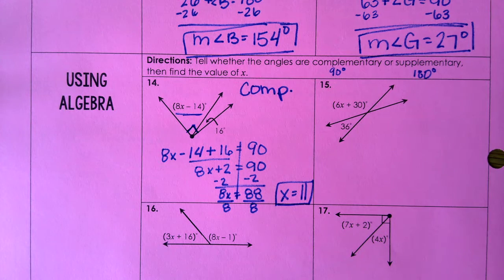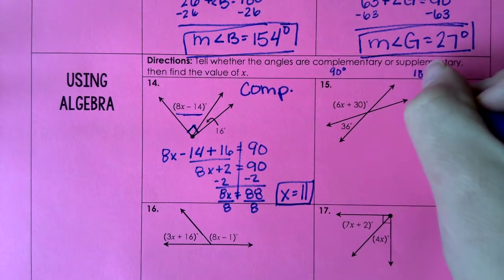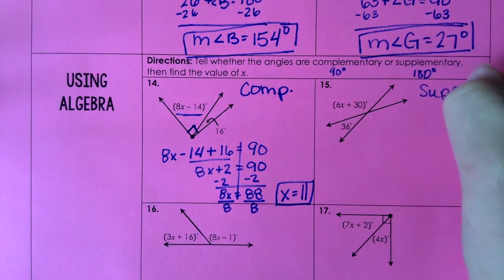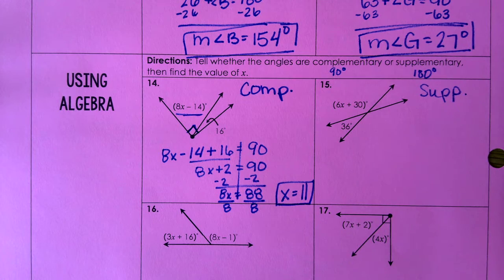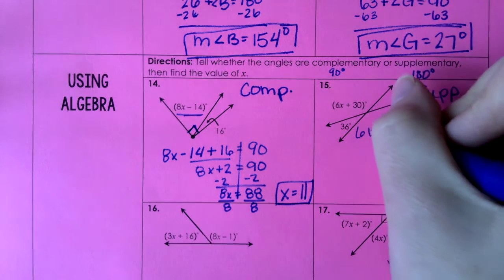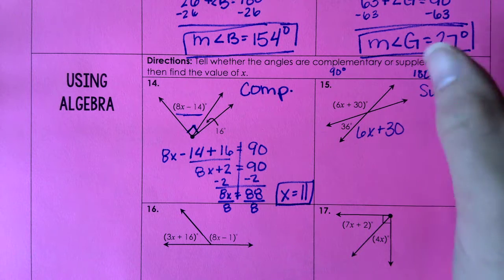Okay. So what do I have going on here? Supplementary. This is supplementary, okay? So what am I going to do with these two angles when I add them together? So I take 6x plus 30, that's one angle.